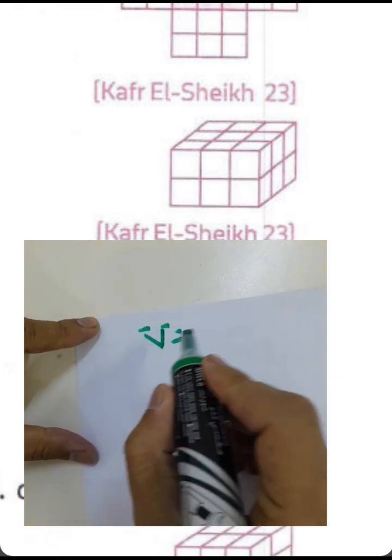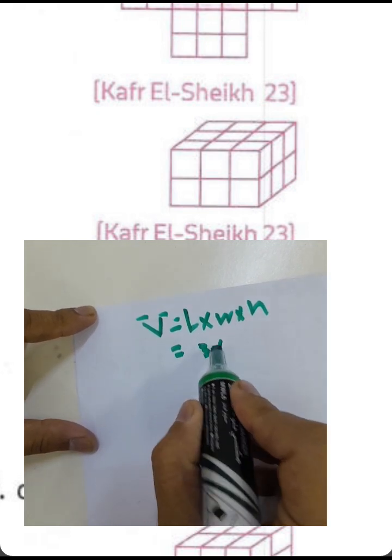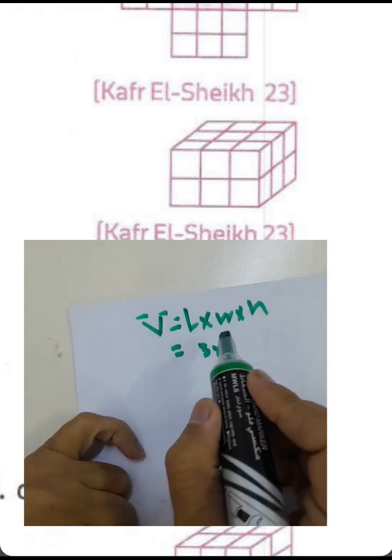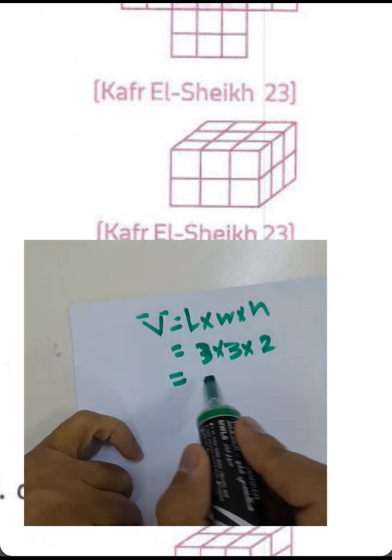Question 14. The volume of the opposite cuboid, we can write length times width times height. Length here is 3 units, width is 3 units and height 2 units. 3 times 3 is 9, 9 times 2 equals 18.